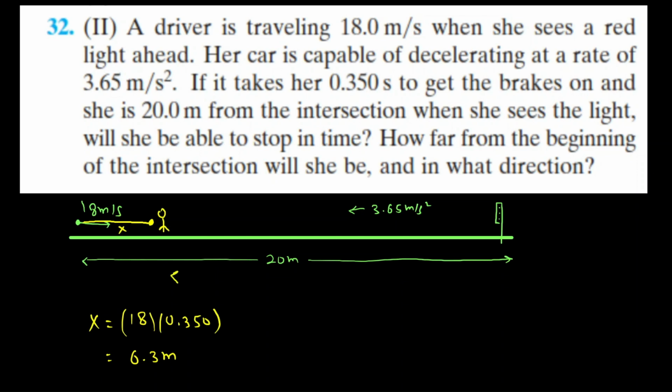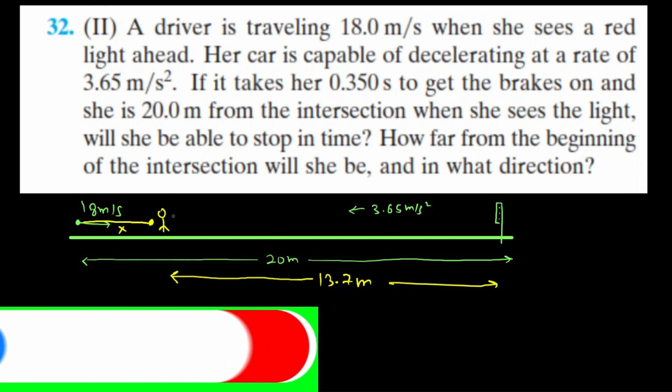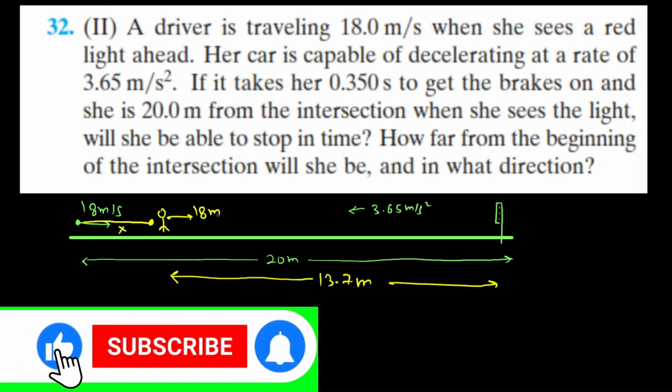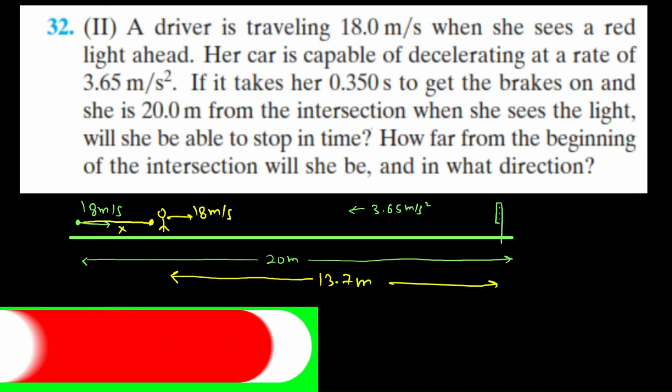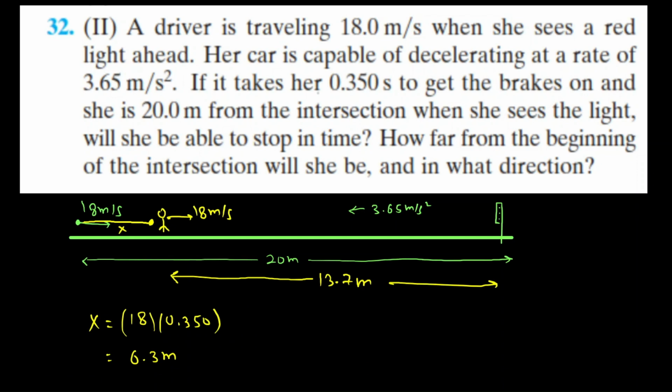So the remaining distance is 20 minus 6.3, which is 13.7 meters. We are given the initial speed and the deceleration of 3.65 meters per second squared.